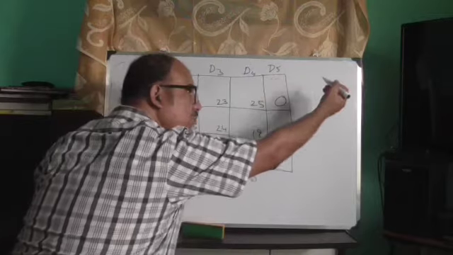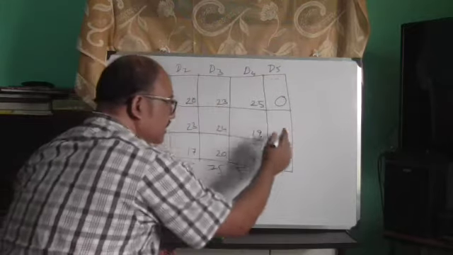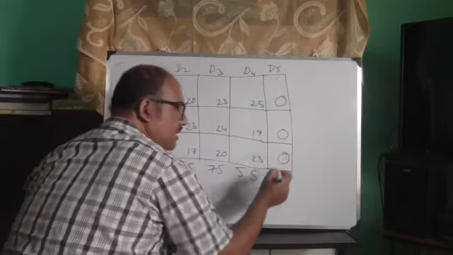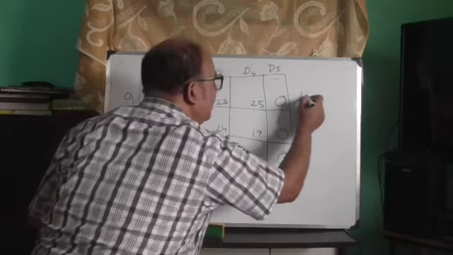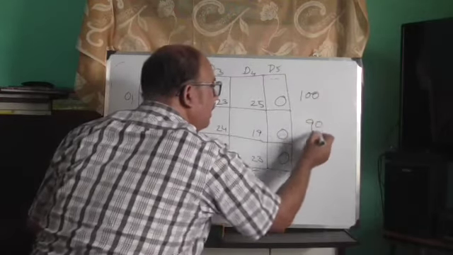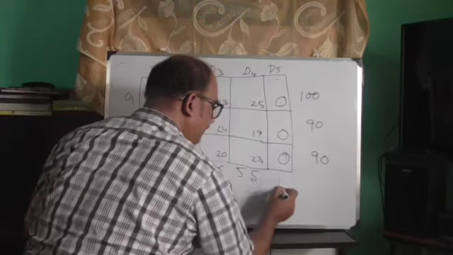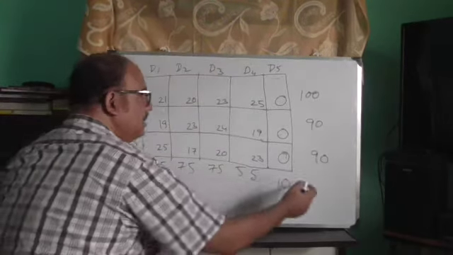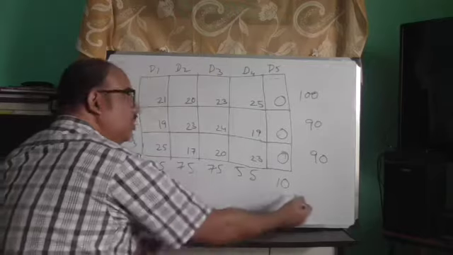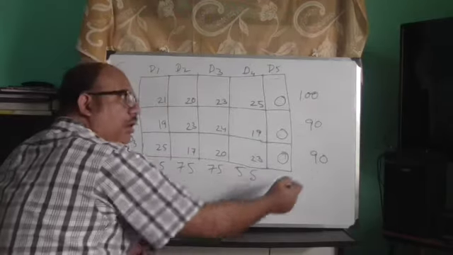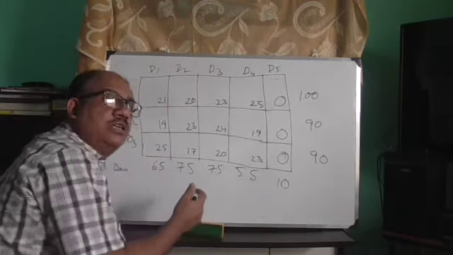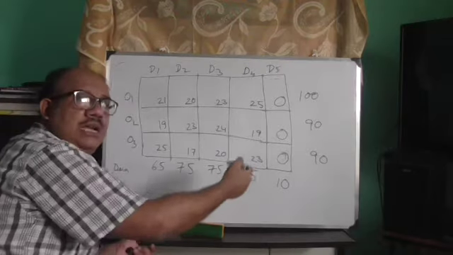Then the problem becomes balanced. See, this is 280, this is also 280. So now the problem is balanced, and we can proceed to the next step.